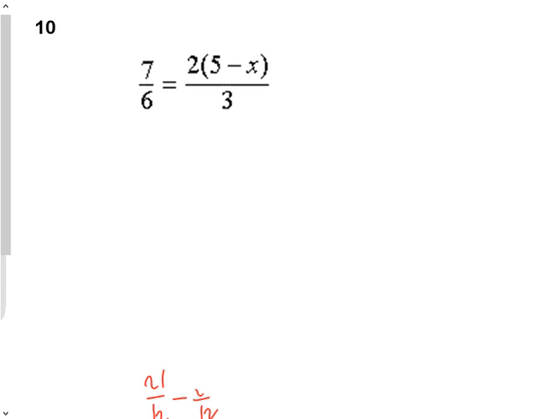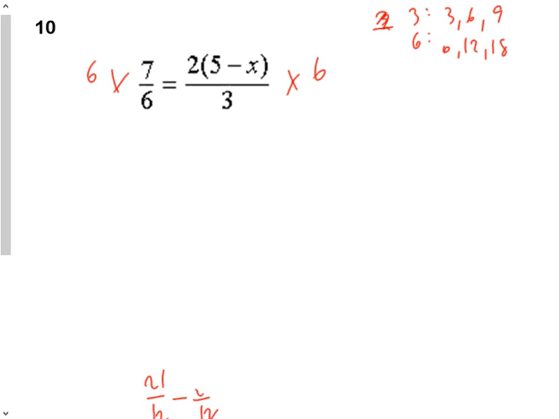Question 10 is the other way to do this than what we just did. So remember I said if you multiply both sides by a common multiple of all of the denominators, in this case 6, this would have been a much better way to do it. And I'll show you what would happen.